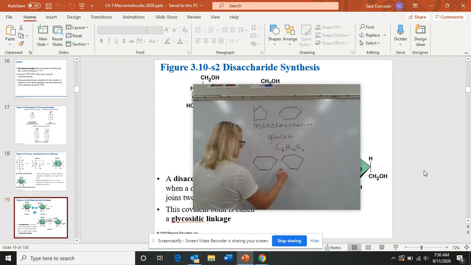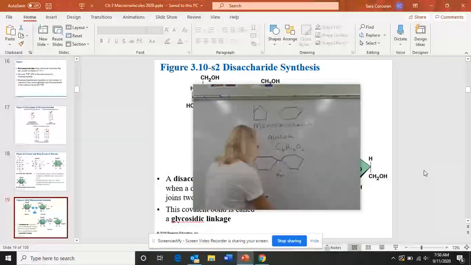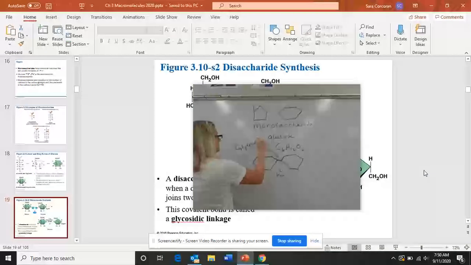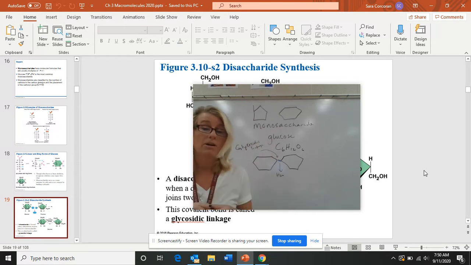We're going to squeeze out water, and the bond that forms is called, does that blue show up? Kind of, I'm going to mark it in black. That bond that you need to know is glycosidic linkage. Cannot spell glycosidic linkage.